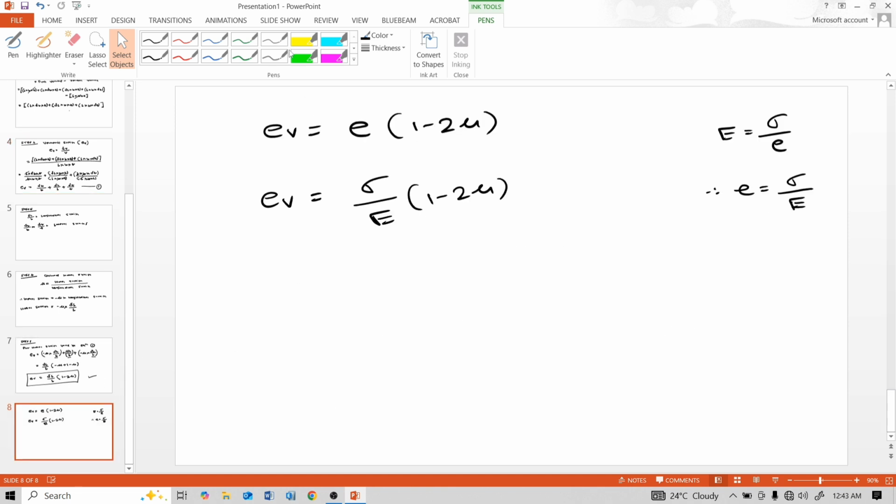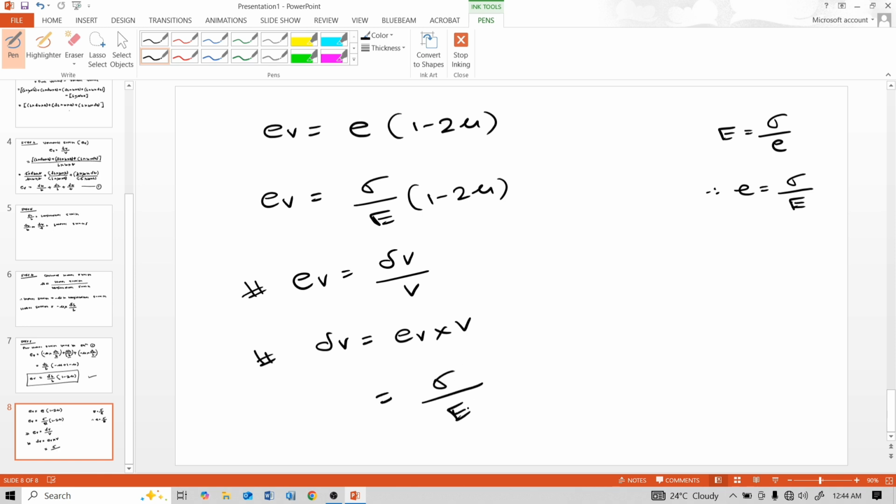Right, here EV is equal to change in volume upon original volume, and change in volume is equal to EV into V. Our EV is stress upon Young's modulus into 1 minus 2 mu. This is the change in volume.